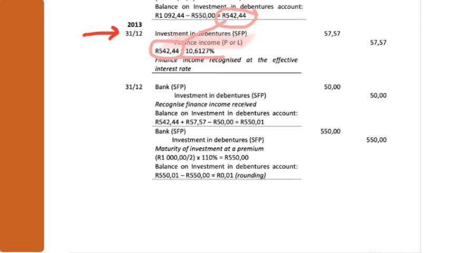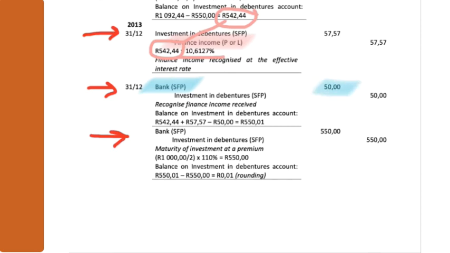What else happens? There are also two payments. Interest gets paid and a maturity payment. The first one is the interest payment. We receive interest, nominal value times nominal rate is the interest you receive in cash.